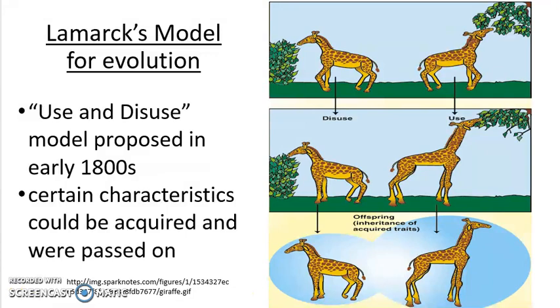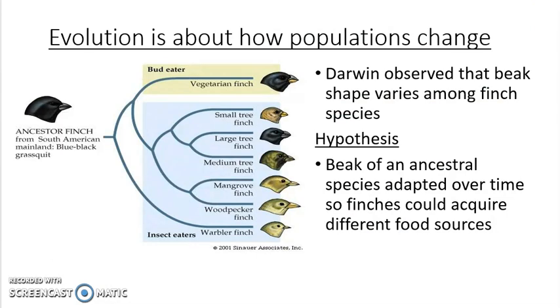And this figure is really an interesting idea because this is starting to get into the mid-1800s. Darwin, on his trip around the world, stopped off in South America and was looking at the birds that were there. He observed that the beak shape differed amongst various finch species.